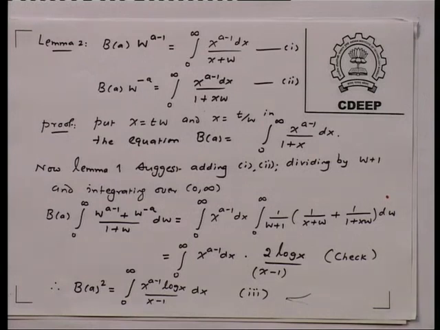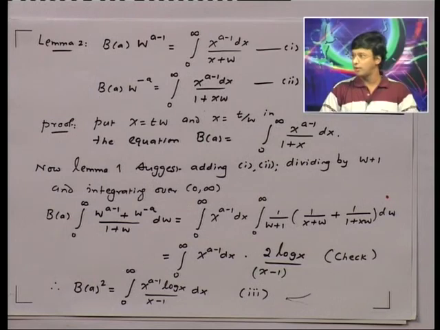We have got a third equation. Blanket exercise, all improper integrals you have to check the convergence, okay, every one of them. So, you get the equation B of a the whole squared equal to integral 0 to infinity x to the power a minus 1 log x upon x minus 1 dx.